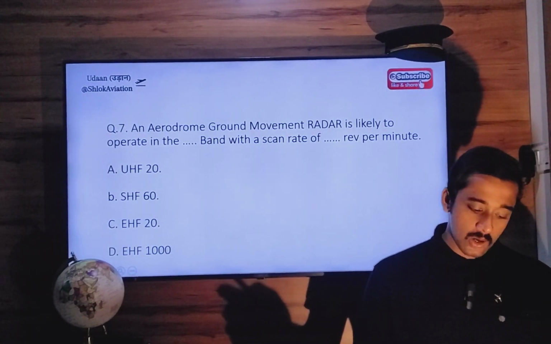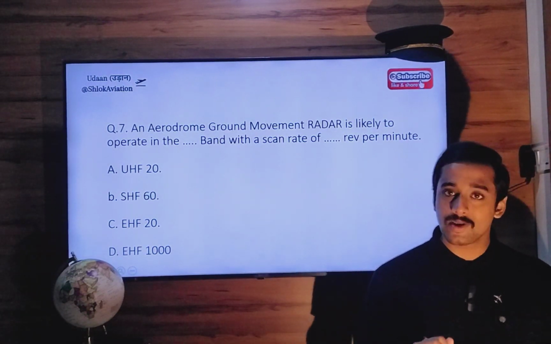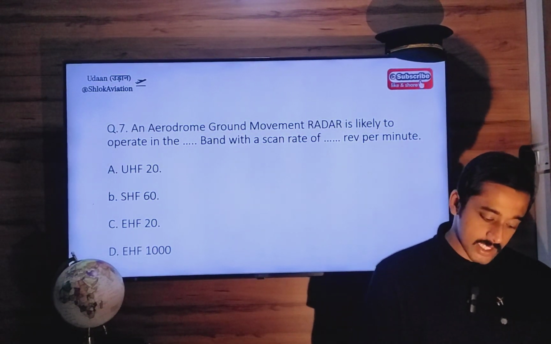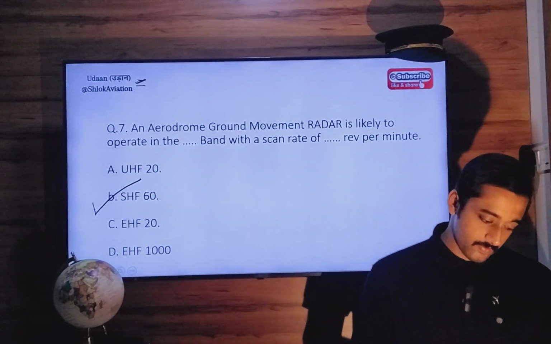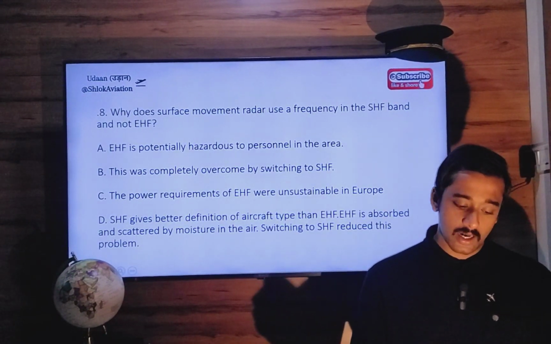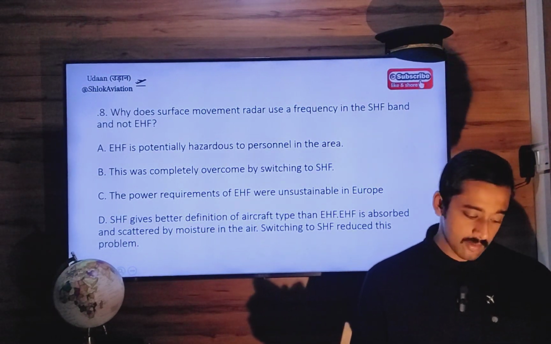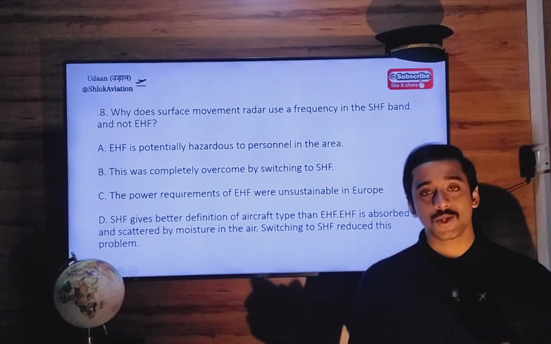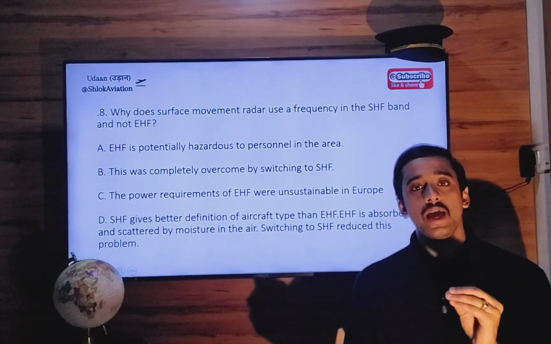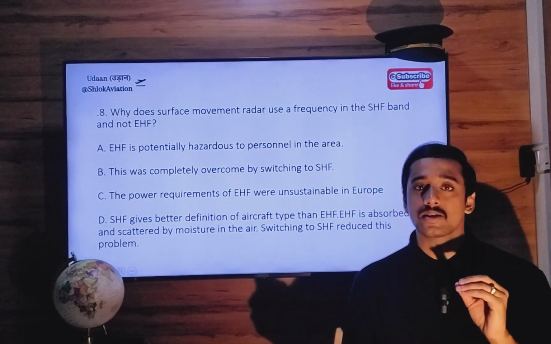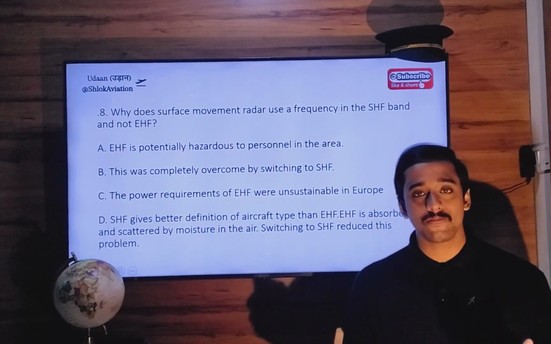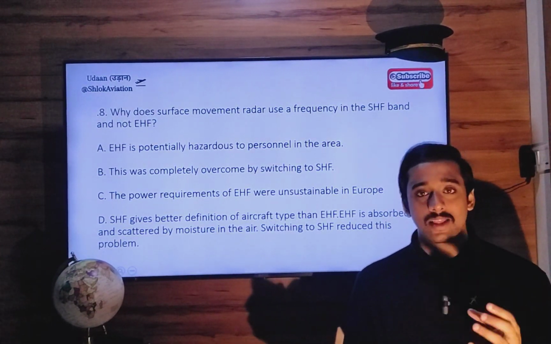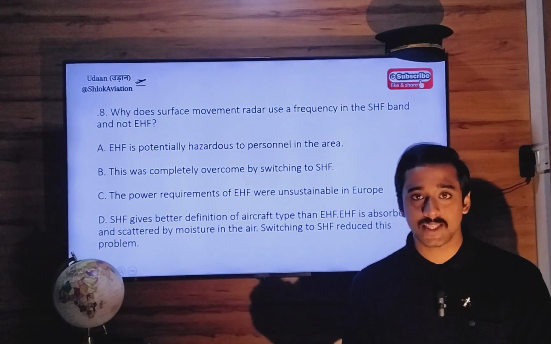Question 7. Aerodrome ground movement radar is likely to operate in the super high frequency band with a scan rate of 60 revolutions per minute. Next, why does surface movement radar use a frequency in the super high frequency band and not EHF? The reason is that in the extremely high frequency band, the errors caused by attenuation of the radio signal are more severe than the errors caused in the super high frequency band.